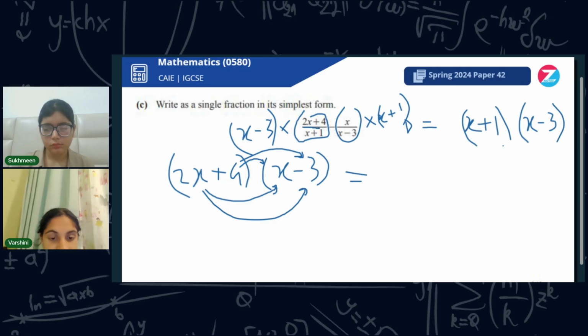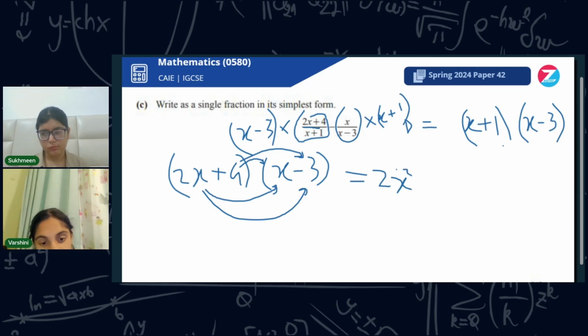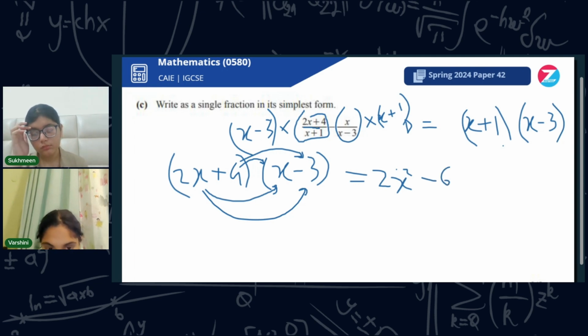So that's going to give us, first, let's do 2x into x, and you know x into x is going to be x squared, plus let's do 2x into minus 3. So we can multiply 2 into minus 3 and make this minus 6x. Don't forget the x over here.